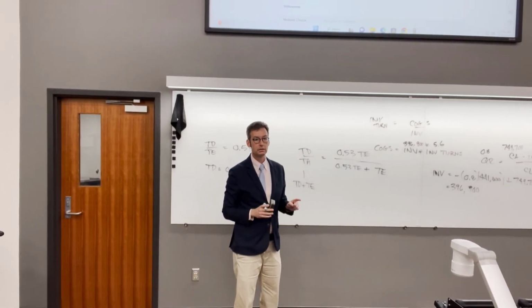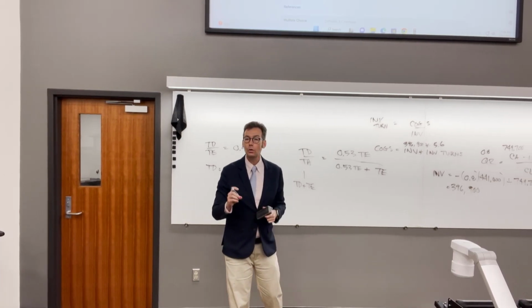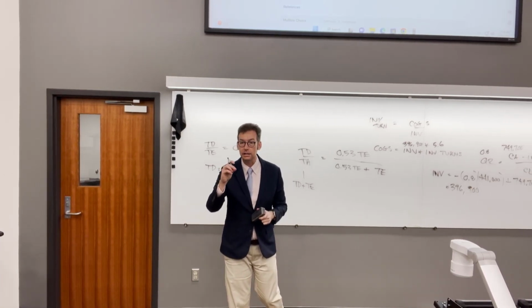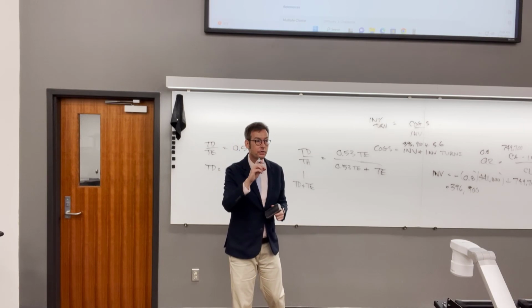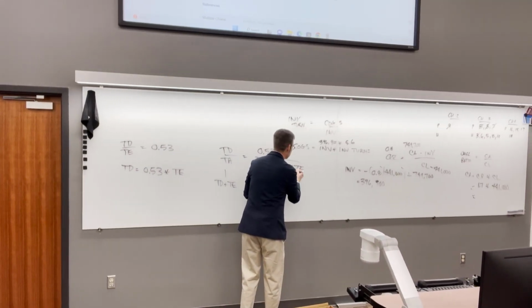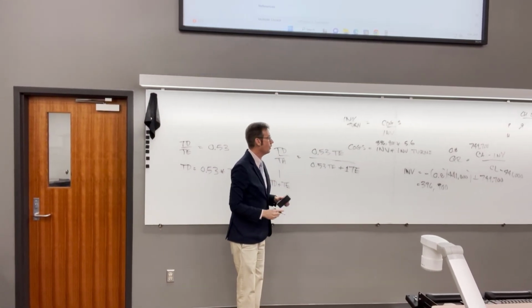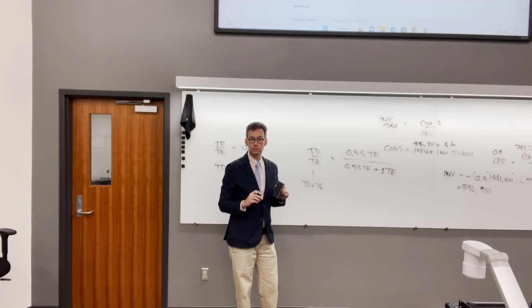Are you with me so far? Now, there's something funky that goes on here: there's an invisible 1 in front of that TE. Did you guys know there's an invisible 1 in front of this TE right here? Does that make sense? Okay, now, what's the next thing that I can do?